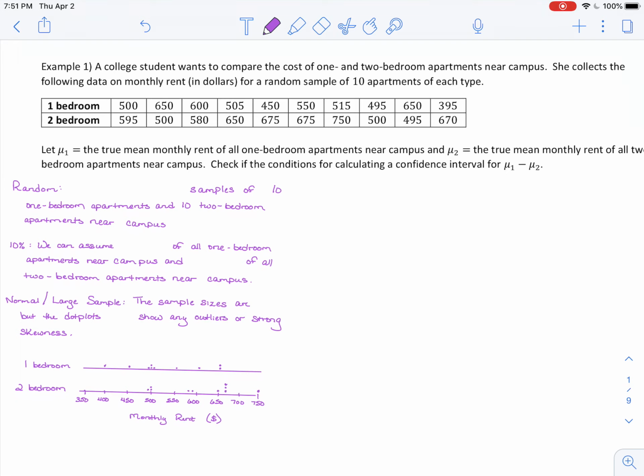So if I'm going to check those 3 conditions, the first condition is the random condition. When I read through this, it is a random sample of 10 apartments, and you do need to mention that they are independent random samples. It's a small technicality, but it does need to be stated.